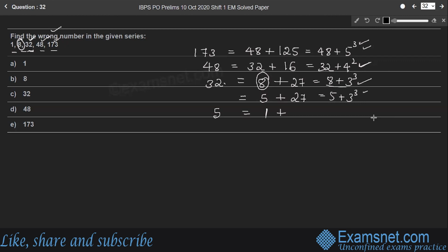According to the rule, we have to add the square of a number, which is 2 square. 1 plus 4 gives 5. And the last number is 1, so according to the series the first number is 1. Therefore, the wrong number is 8.